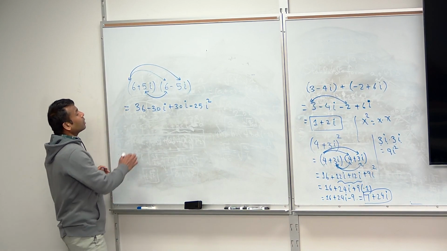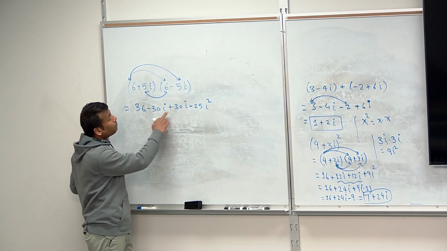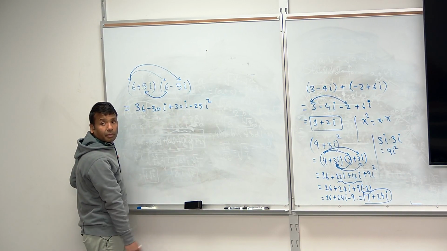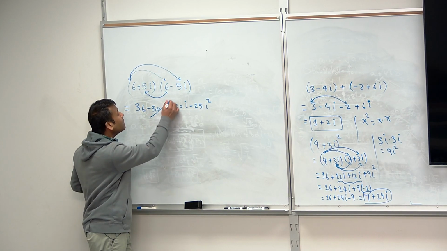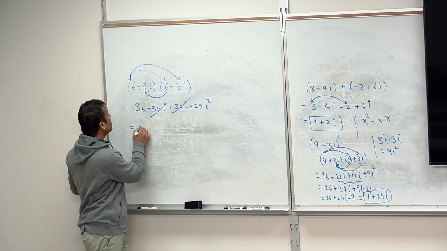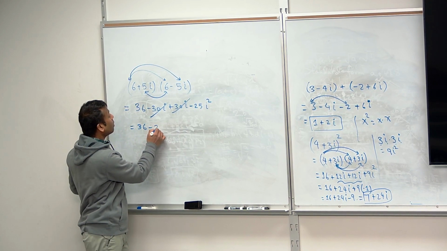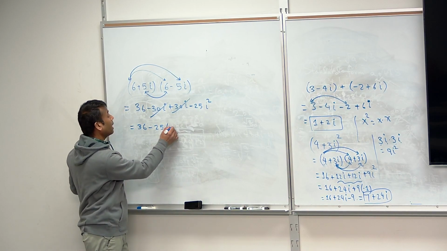Right? So hey, what did you see here? What did you observe? This is -30i plus 30i. What can we do? Cancel them, yeah. So now you have 36 minus 25. What is the value of i squared? -1.